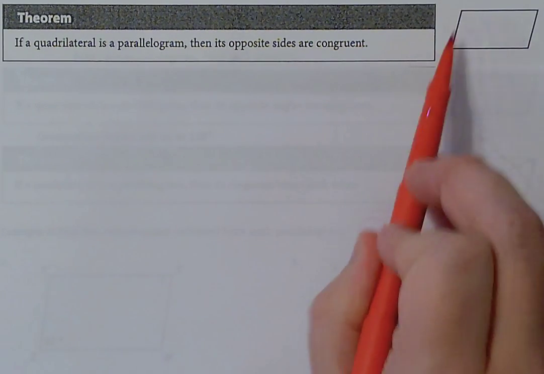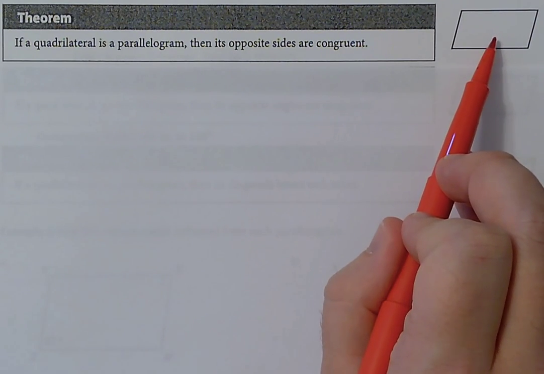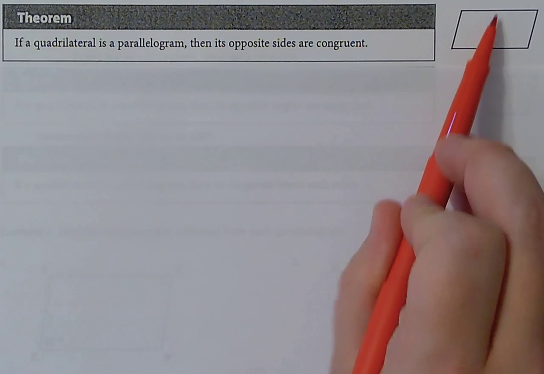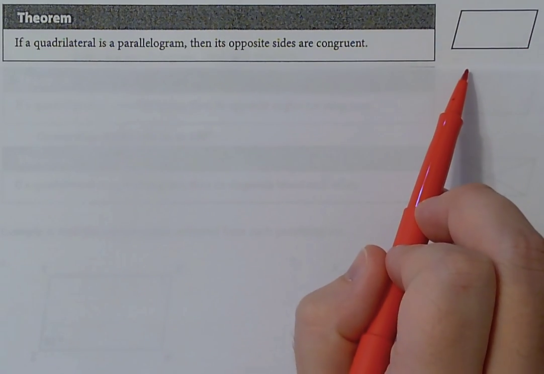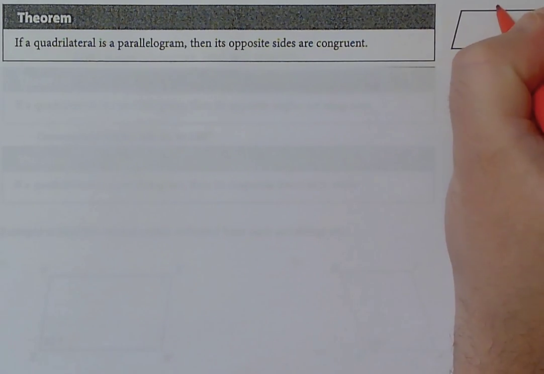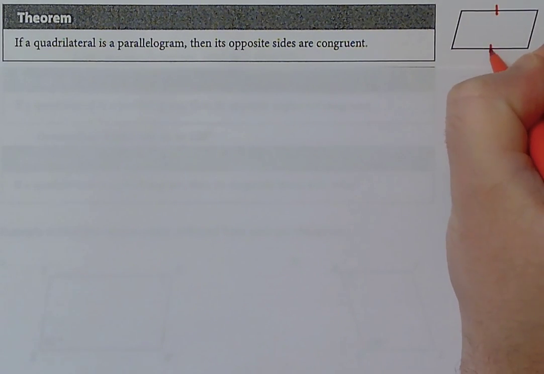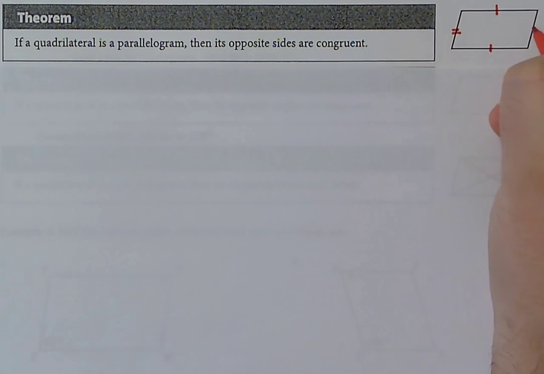So if we're looking at our parallelogram here, if we have a parallelogram, which we do, because opposite sides are parallel to each other, then the opposite sides are congruent, meaning this side is the same measure as that side, and this side is the same measure as this side.